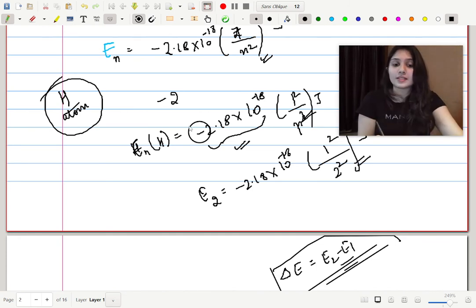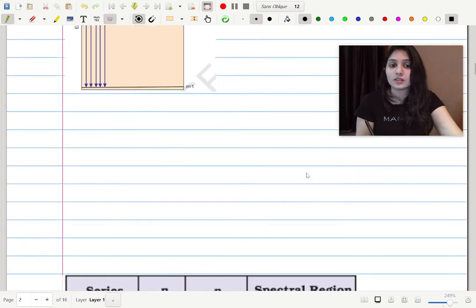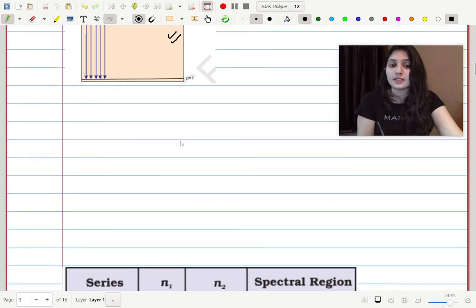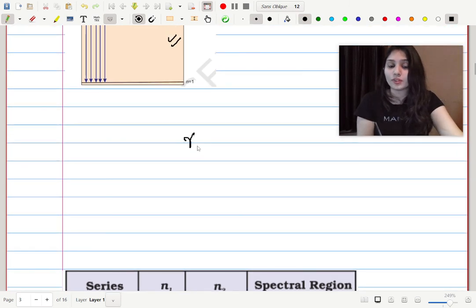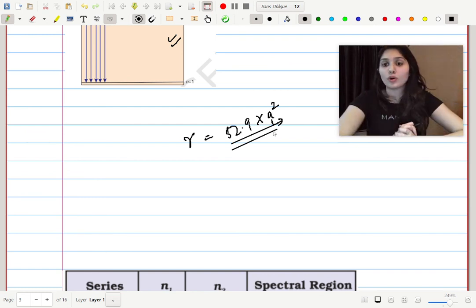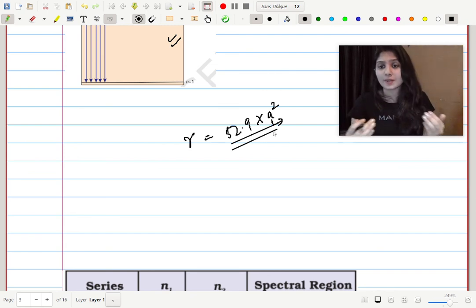Clear? And the second formula which he actually gave us was, okay, I'll be talking about these lines in the next video. So the radius of any atom is 52.9 into a square. What is this a square? For your Bohr or hydrogen atom, this a is equal to 1, but of course it will change with respect to whichever atom we're talking about.